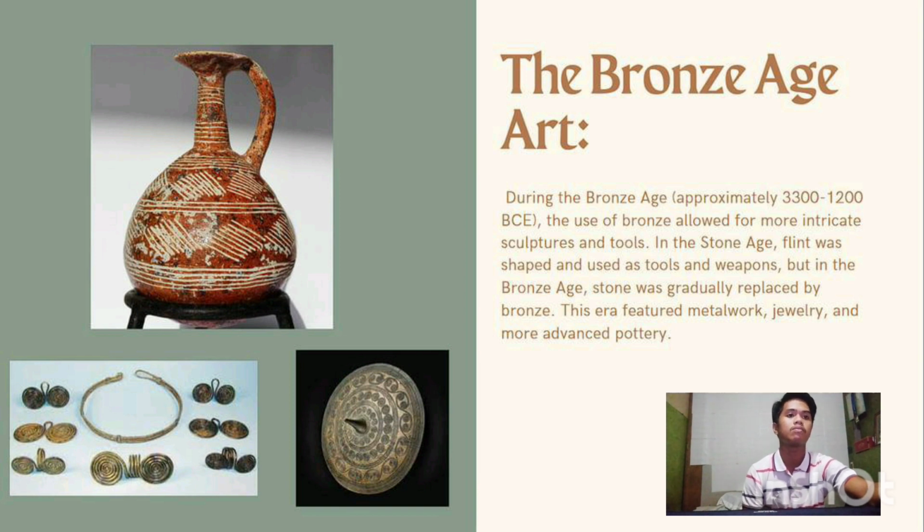This era featured metalwork, jewelry, and more advanced pottery. As we can see in our PowerPoint presentation, we have a pot, a jewelry, and a weapon for war. This third picture is a shield, to be specific, a tool for war. Proceed to the next slide.